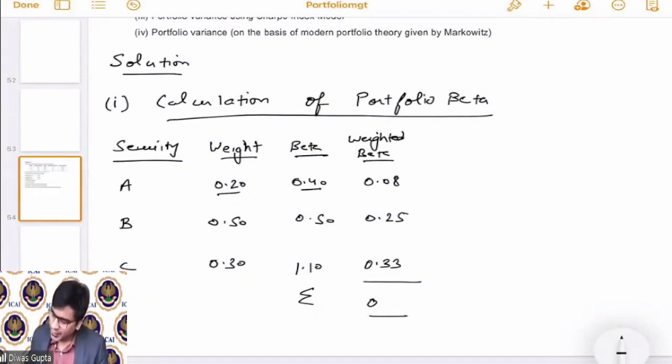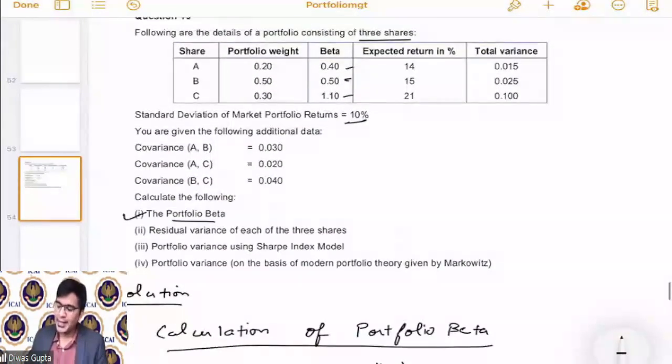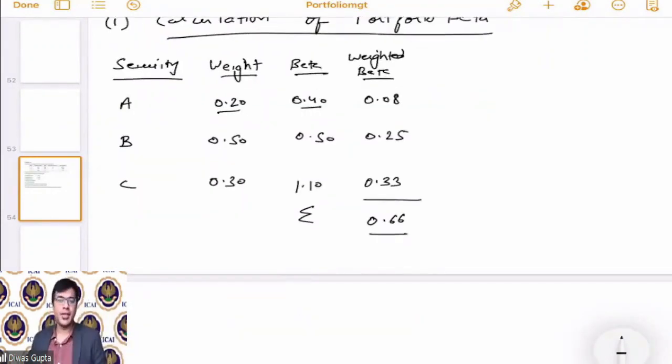This comes as 0.66. Okay, so students, if you note that the individual securities beta is from the range of 0.40, 0.50 to 1.1. Some is lower and some is higher. But the portfolio that we have constructed basis the weights given, the beta comes out to be 0.66.